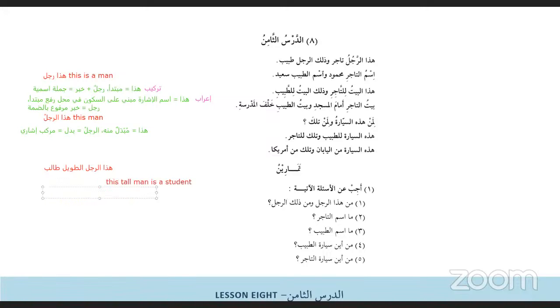What's the tarkib of this sentence? Tarkib would be: هذا equals مبدل منه, mubdal min, not mubdal. الرجل, what's الرجل in tarkib here? الرجل will be منعوت, tall man.